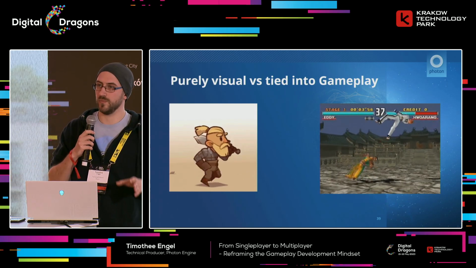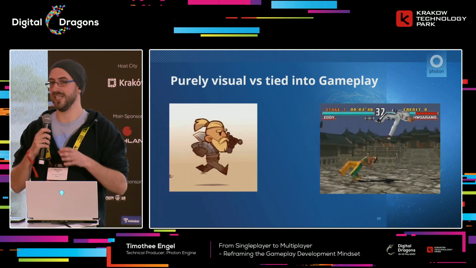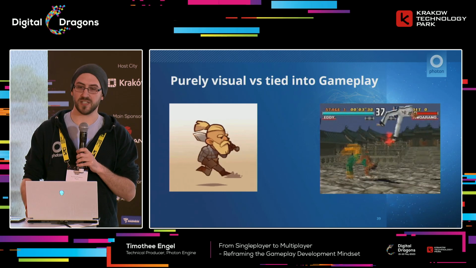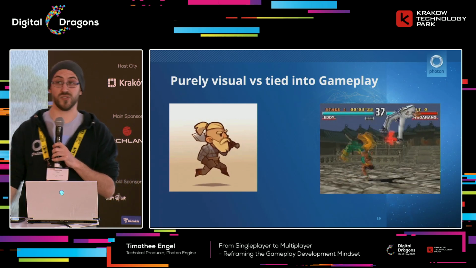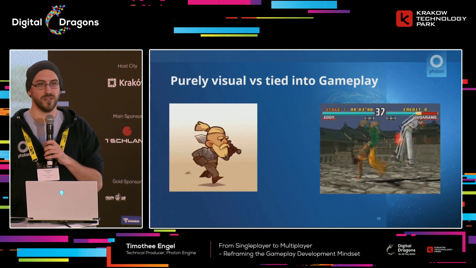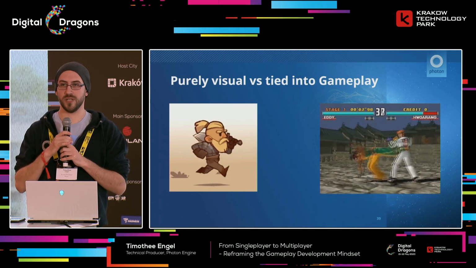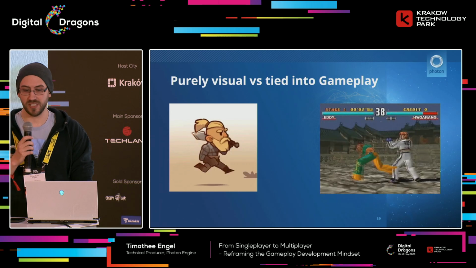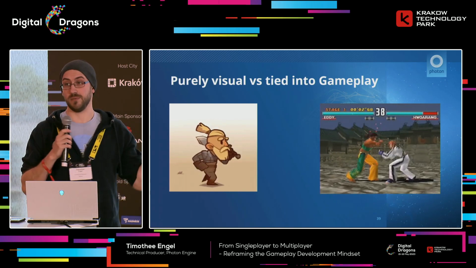However, if your animation ties into gameplay and has immediate effects either on other players or the environment, then you get into a situation where a lot more data is required and honestly a lot more complexity as well. Take a fighting game, for instance.